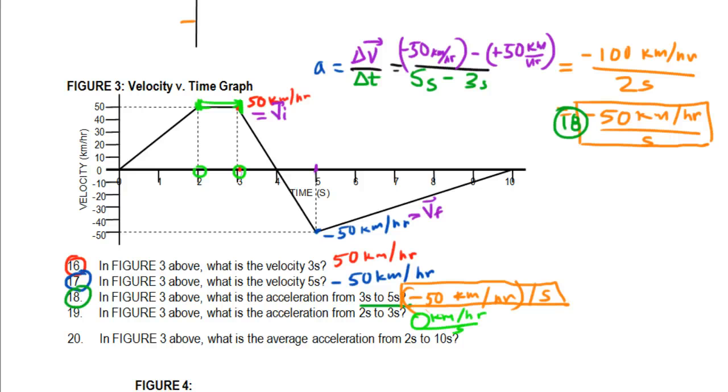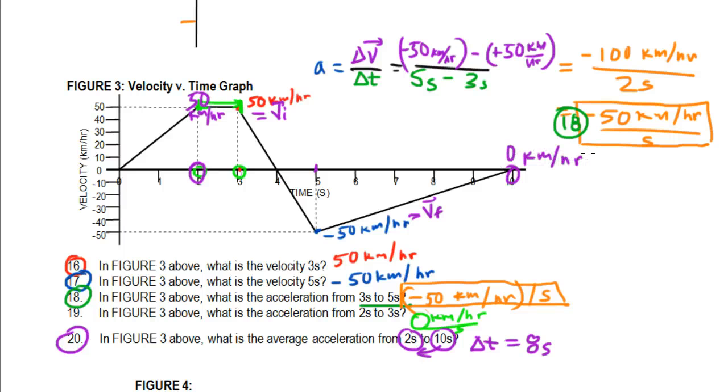All right, 2 to 10 seconds. So 10 minus 2, my delta t is going to equal 8 seconds. Okay? So the question is, at 2 seconds, I am at 50 kilometers per hour. At 10 seconds, I'm at 0 kilometers per hour.